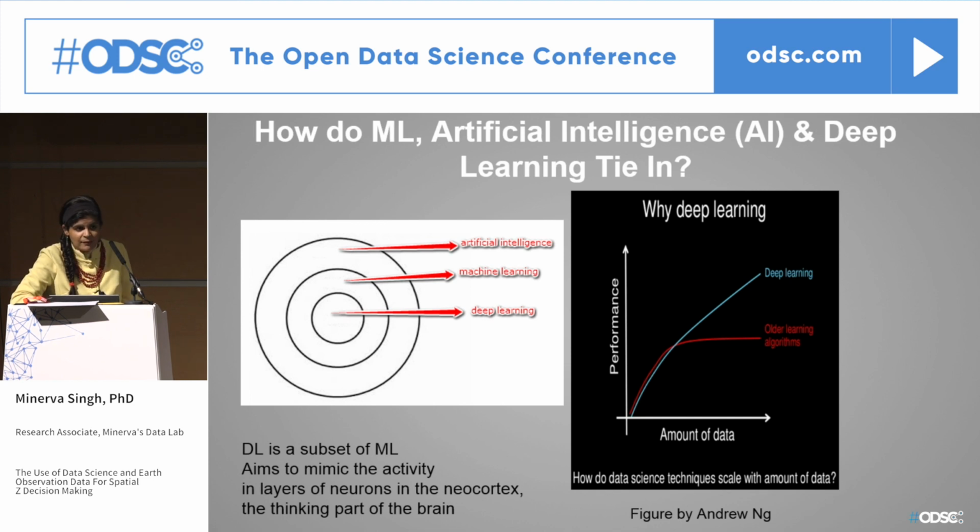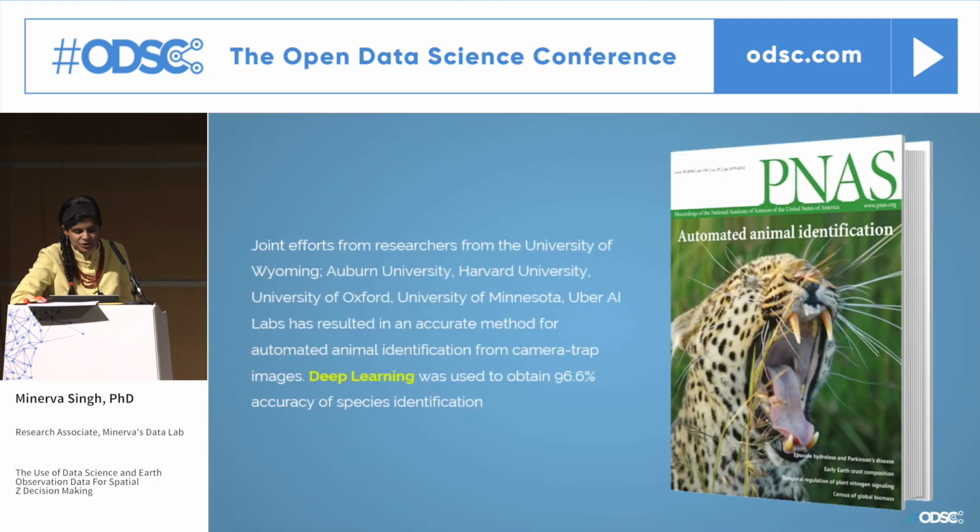And an interesting example from my field that was published earlier this year, in the Proceedings of the National Academy of Sciences: researchers from Harvard, Oxford, and Minnesota built a deep learning-based model which helps carry out automated animal identification from camera trap images.